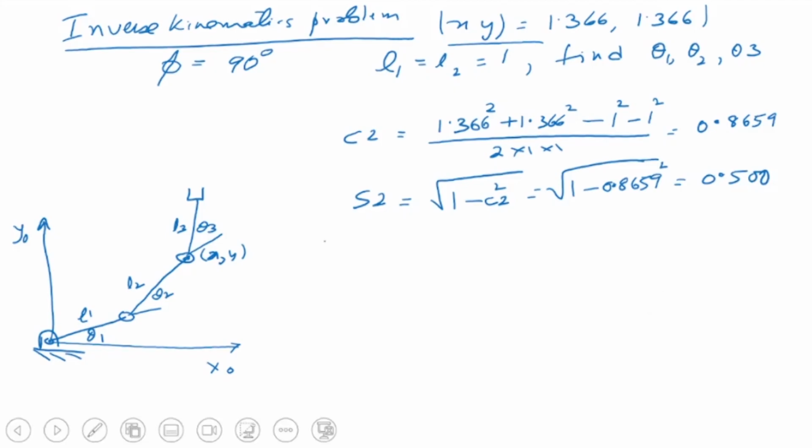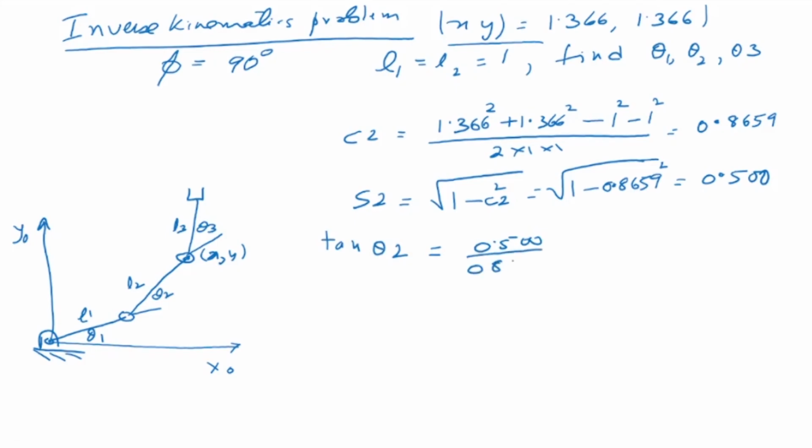Tan theta 2 is equal to sine by cos, which is 0.500 divided by 0.8659. This comes out to be 0.577. If I take tan inverse of 0.577, theta 2 comes out to be 29.98.